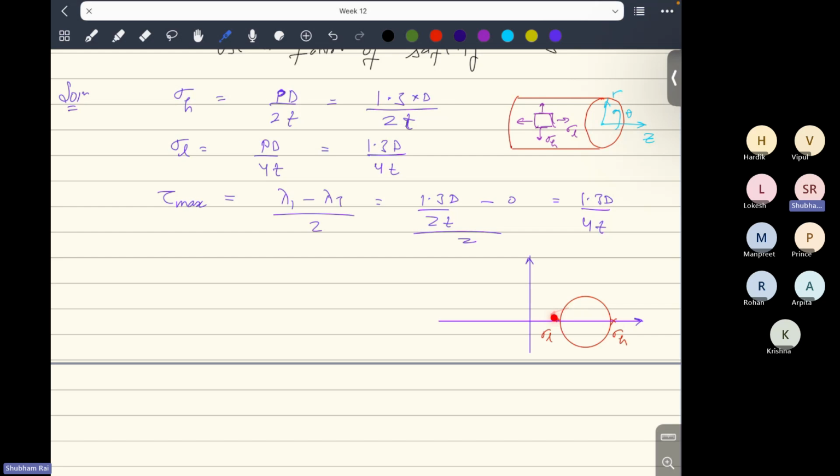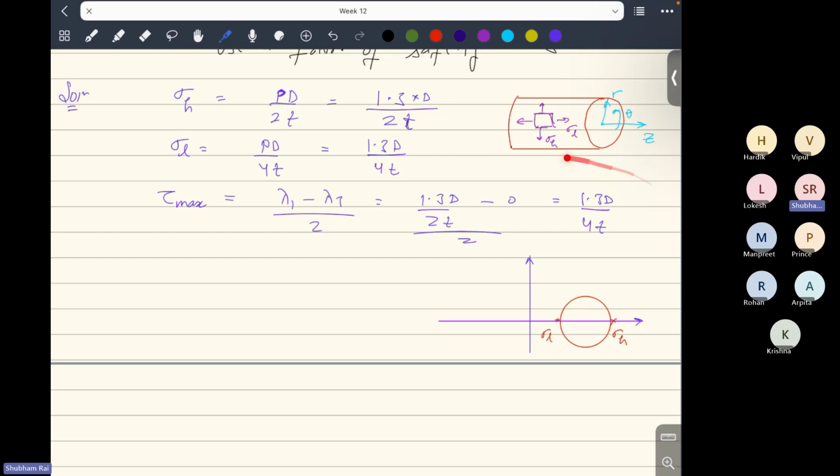You have to take the r theta plane. Because sigma r is 0, if you take the r theta plane, the principal stresses will be 0 in the r direction and sigma h in the theta direction. So the maximum shear stress in that case will be sigma h divided by 2. That's what we have written here.